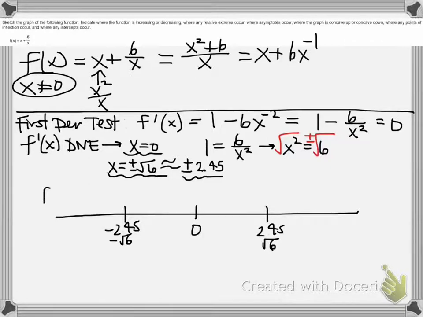F prime of, let's say, negative 3 would equal 1 minus 6 over negative 3 in parentheses squared, which would be positive 9. 1 minus 2/3 is going to be greater than 0. So we have a positive first derivative there.